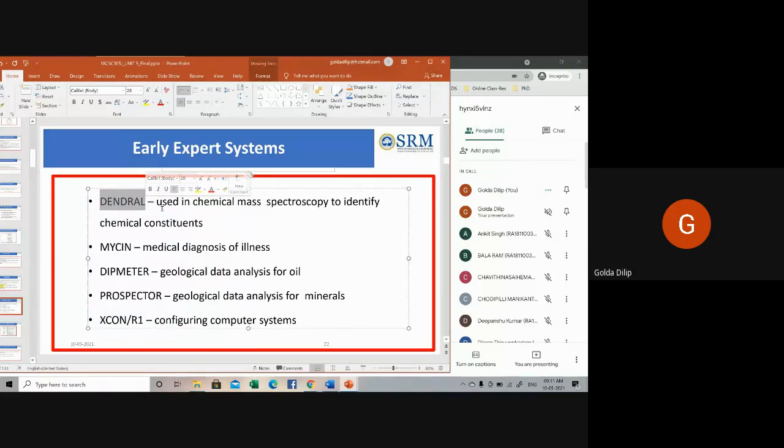Some chemical substance has to be analyzed, possibly a complicated compound of, say, carbon, hydrogen, and nitrogen. Starting from the spectrographic data obtained from the substance, Dendral will hypothesize the molecular structure of that substance.